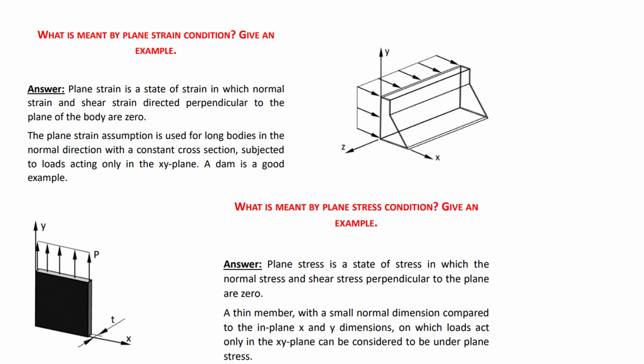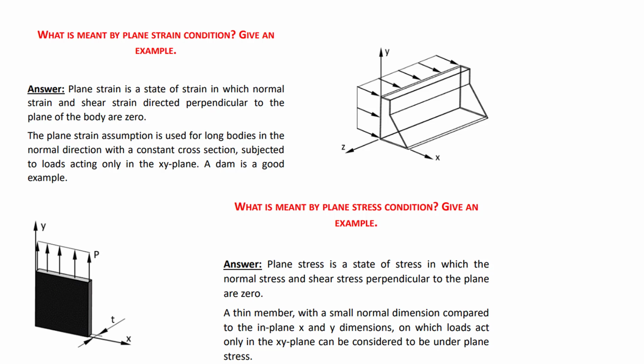We consider only xy plane loading conditions, and the normal strain and shear strain along z are completely zero. This assumption is used for long bodies in the normal direction with a constant cross section, subjected to loading acting only in the xy plane. A very important example is a dam, as I said before.